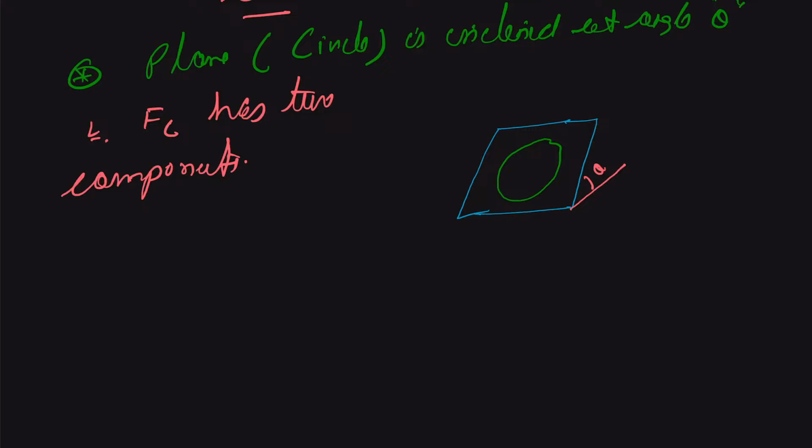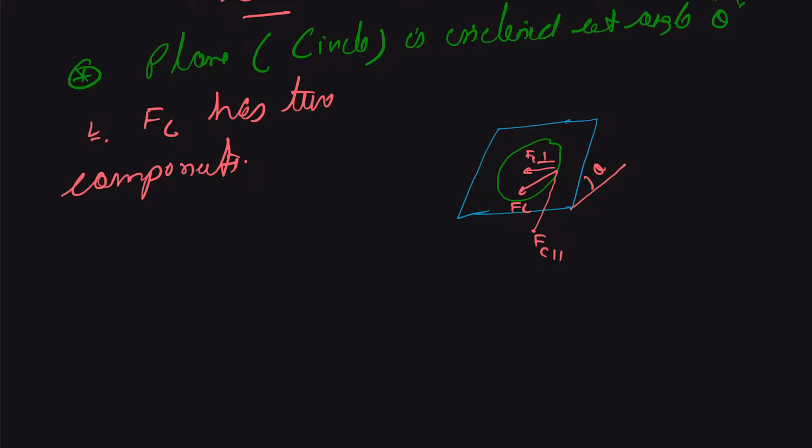Okay, so our centripetal force will be acting something like this, and it can be divided into two components. One component will be parallel to the plane and the other one will be toward the center. So we get this as our FC parallel and this is our FC perpendicular.